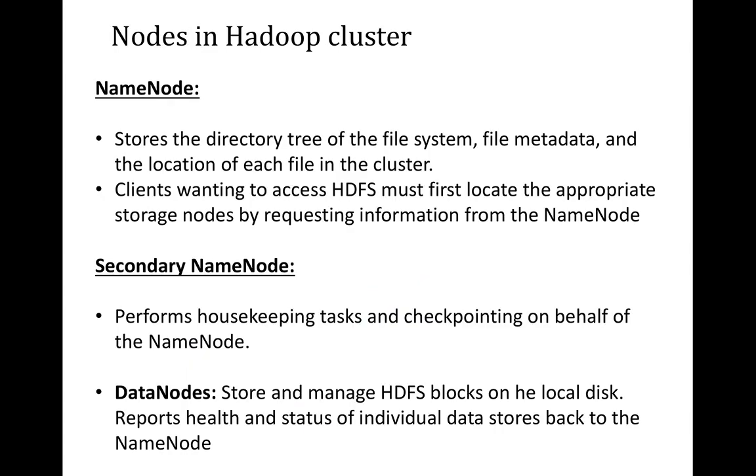So what's the real role of the name node? The name node generally stores the directory tree of the file system, the file metadata, and the location of each file in the cluster. That means if you want to find some file, first you must go through the name node, because the name node has the directory tree of the file system.